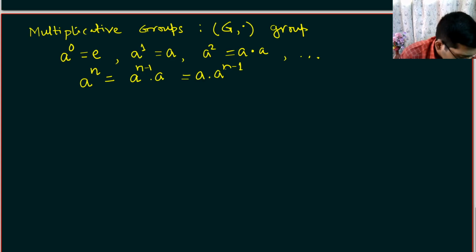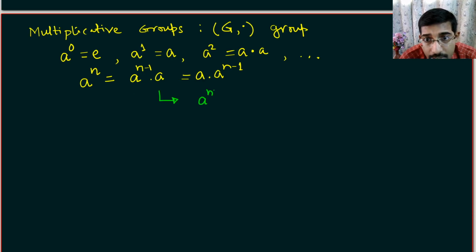So all this points in this direction, that I have A to the power m operated over A to the power n is equal to A to the power m plus n, which is equal to A to the power n operated with A to the power m.